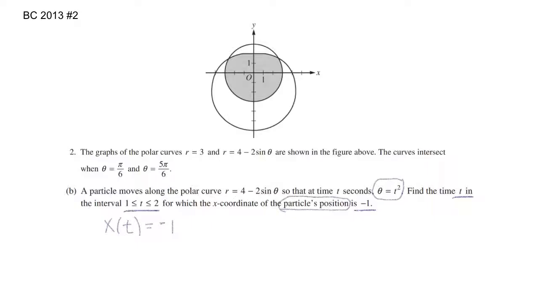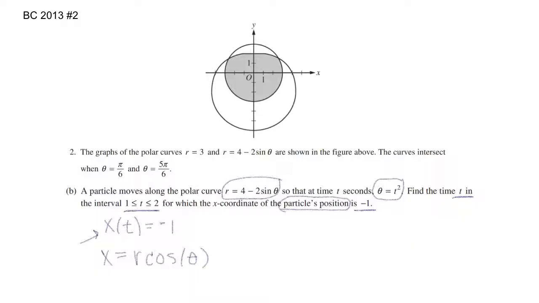So when I see particle's position, I think back to AB where x at t equals -1. But we have a problem because this is in parametric, x as a function of time, but I'm given polar. Oh no. So I'm going to have to remember some formulas. One of the formulas that you should have is x equals r cosine theta.